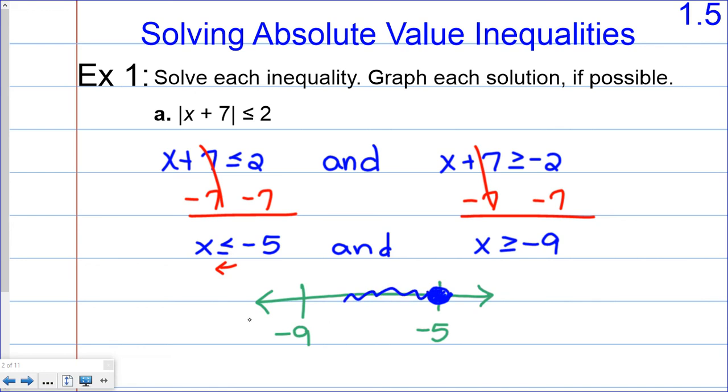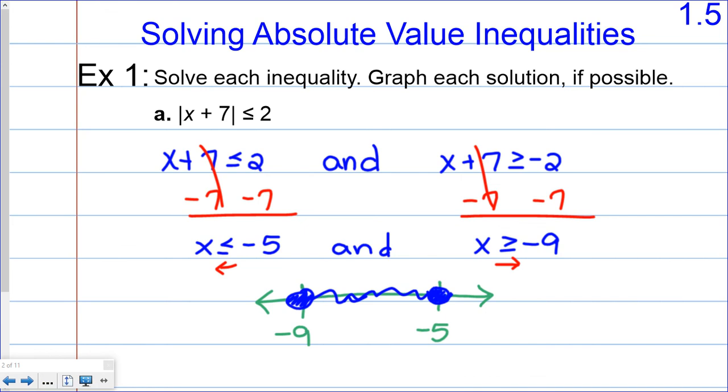I'm not going to go all the way past 9 just because I don't know what's going to happen here. Now let's look at the negative 9. It says x is greater than or equal to negative 9. Greater than goes to the right and it's equal to, so I'm going to have a closed circle on negative 9 and it's shading to the right. Well, if we look, they match up.